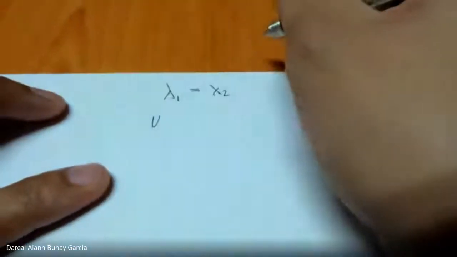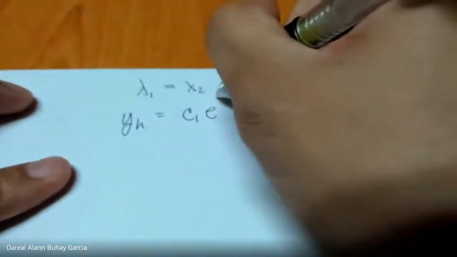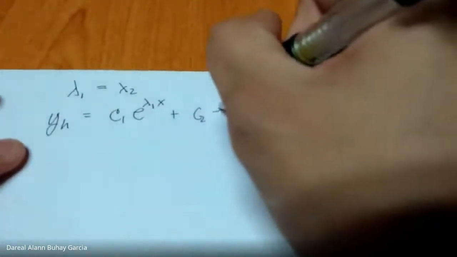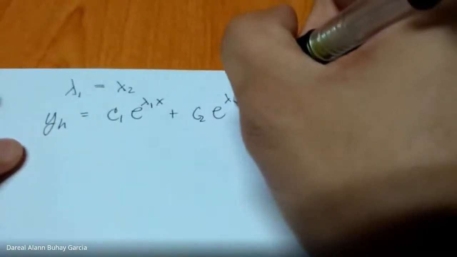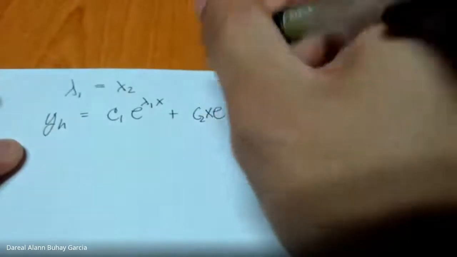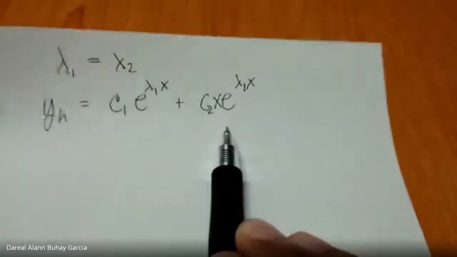Remember case 2 of the homogeneous solution. If case 2, if the roots are repeating, y is equal to C1 e to the power of lambda 1x plus C2 x e to the power of lambda 1x, but with an x.